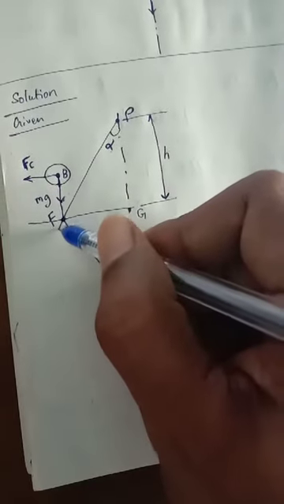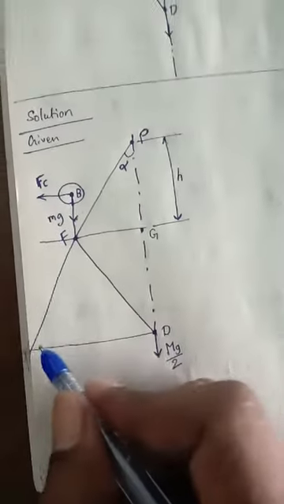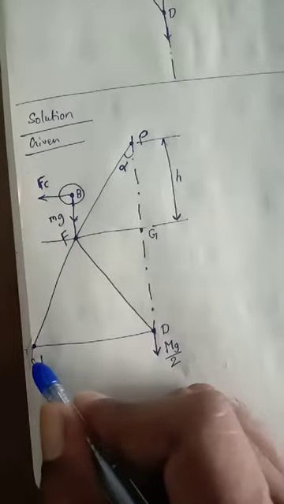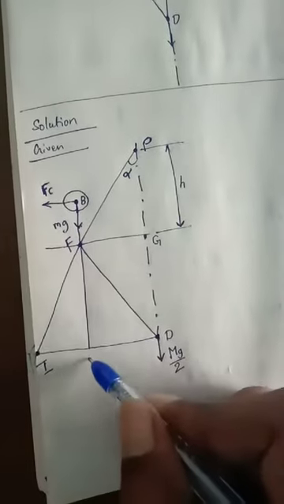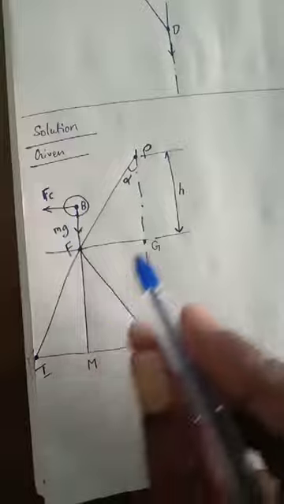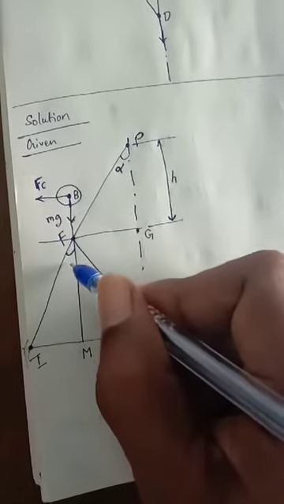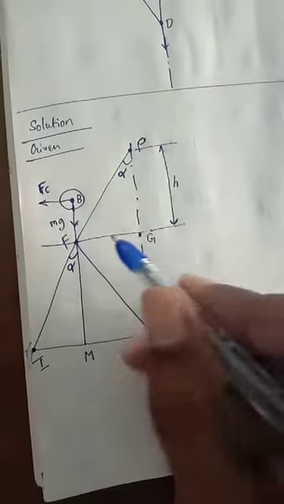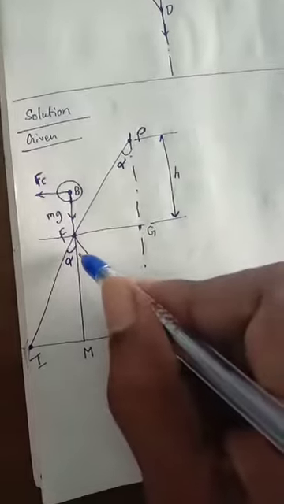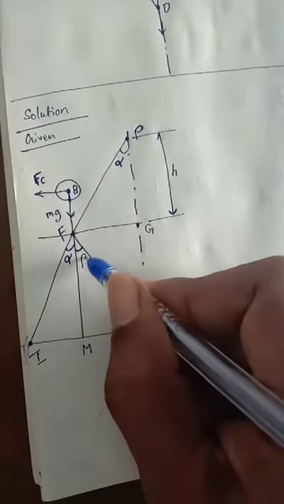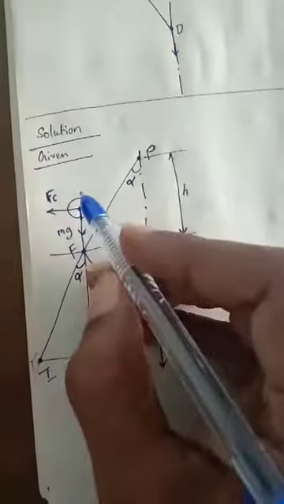Now this line will project straight and the other is horizontal, so where they intersect, that point is called I. This is called the instantaneous method, and then this is called M. This is the same angle alpha, and now this angle is called beta, so this is also beta.